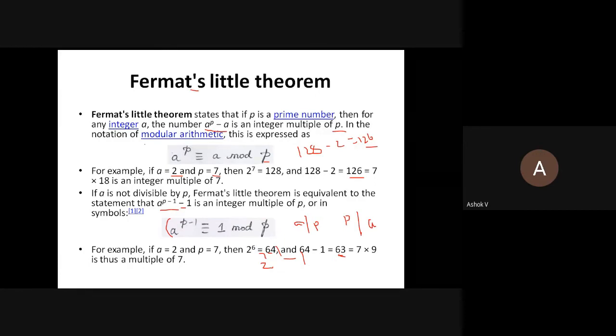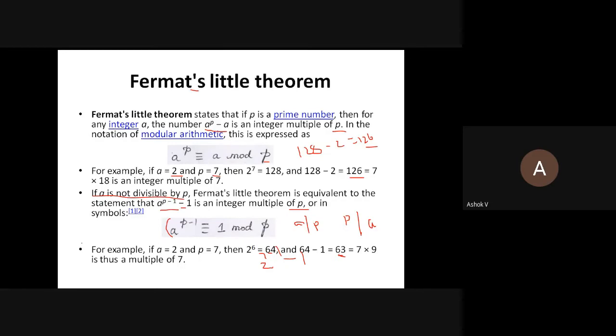In the first version, if p is a prime number, then a^p minus a is an integer multiple of p. In the other version, if a is not divisible by p, then a^(p-1) minus 1 is an integer multiple of p.